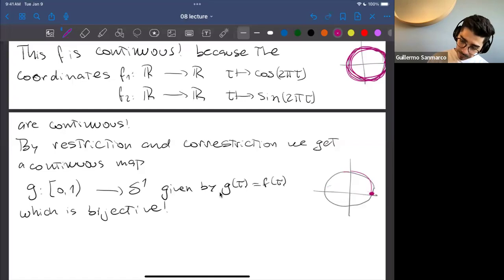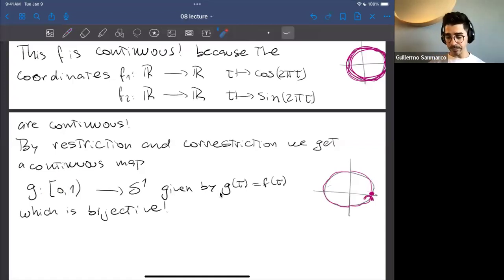At time equals 1/2, we're here. 3/4. And at 1, you're getting back to the starting point, but you never reach it. So this function is injective because we are closed at 0, open at 1. And it's surjective. That's great. That means we have an inverse function.